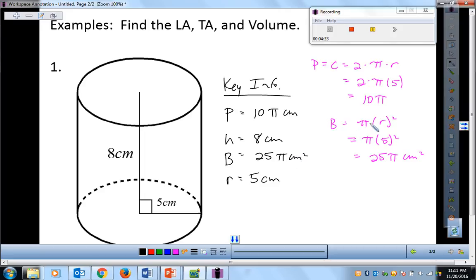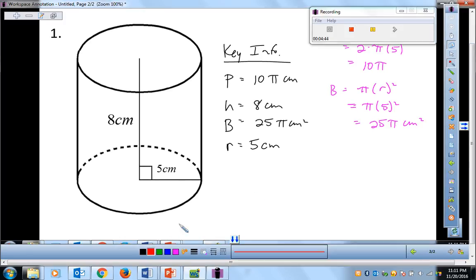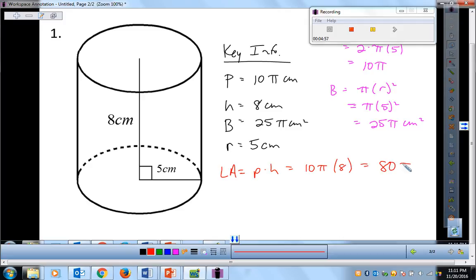So for us now, we can get into finding the lateral area, the total area, and the volume of this right cylinder. Again, we're going to leave pi in all of our answers. Lateral area equals perimeter times the height, and there's your refresher on those. So the perimeter is 10 pi, the height is 8, so that is going to equal 80 pi centimeters squared. Again, area is squared.